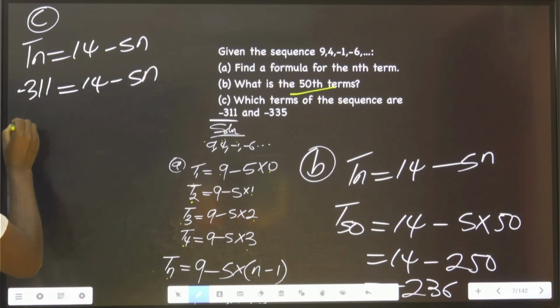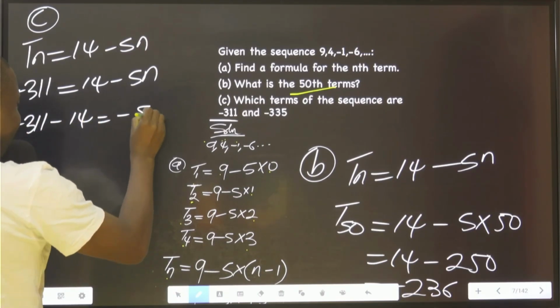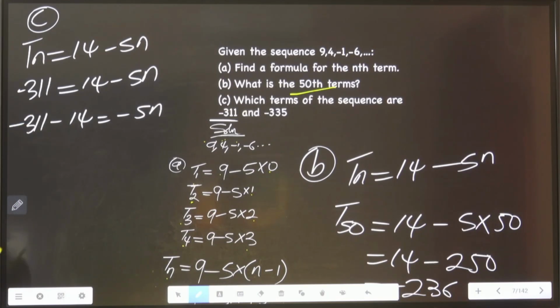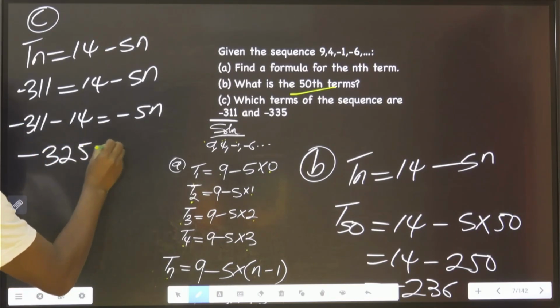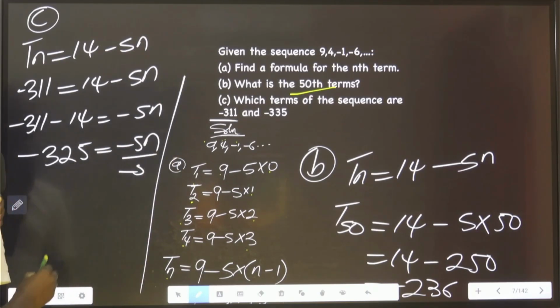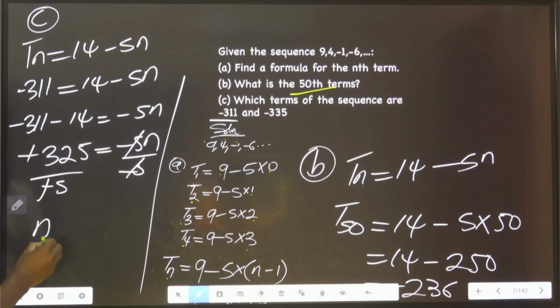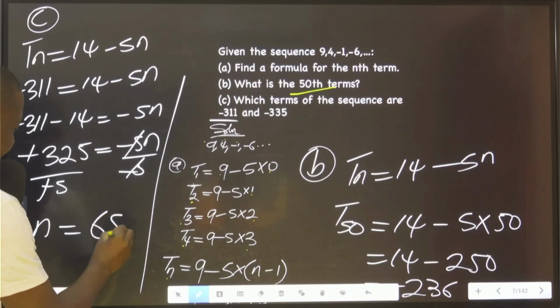We move this to this side to have minus 311 minus 14 equals minus 5n. This and this will give us what? Will give us minus 325 equals minus 5n. Divide both sides by minus 5. You agree with me? n is, which will give us 65.